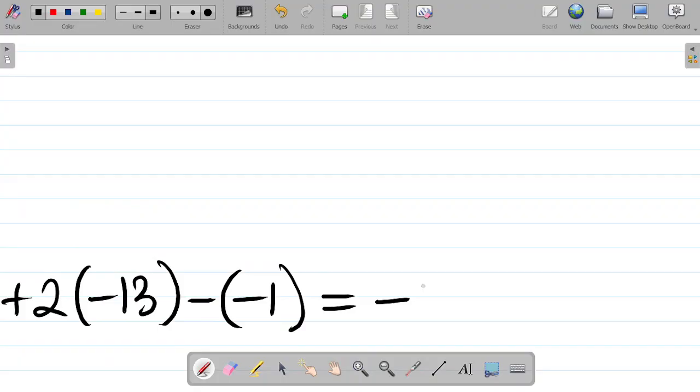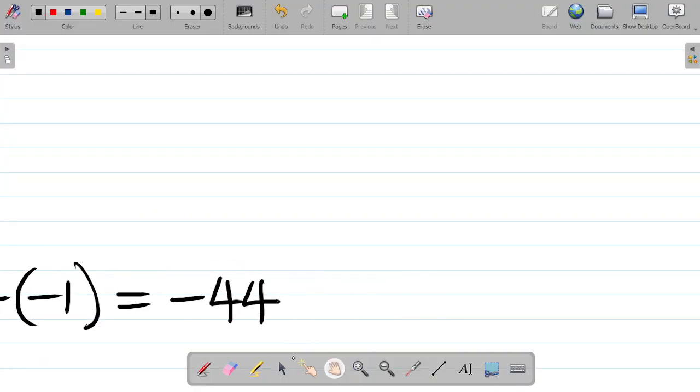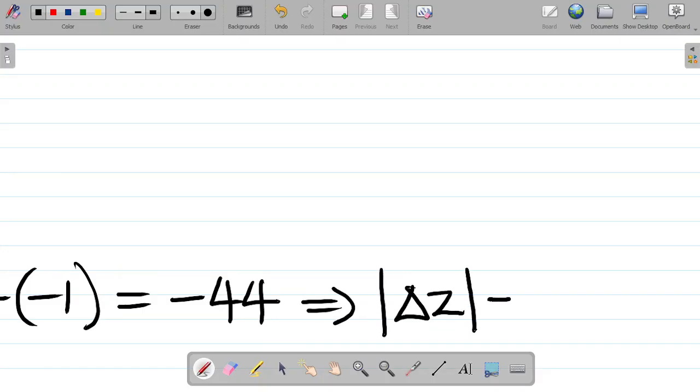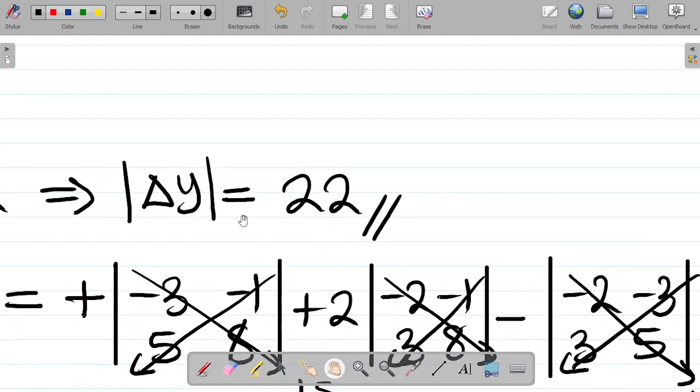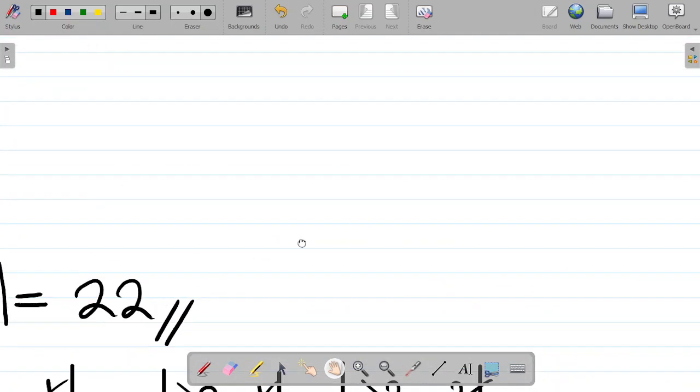Therefore, we can say that the value of the determinant of lambda z is equal to minus 44. If you have this value, we can now proceed to find the values of x, y, and z.